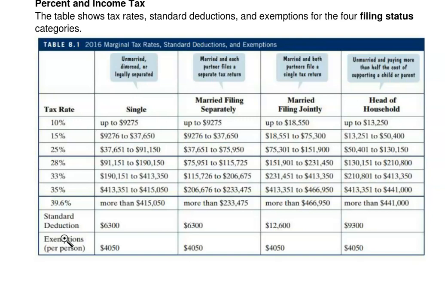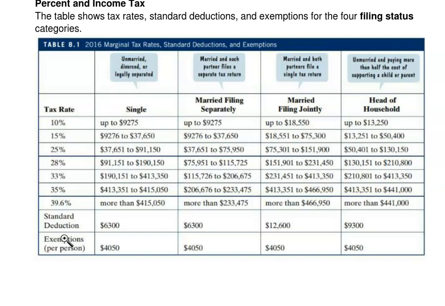So the first $9,275 you make for that year will be taxed at 10%. That way if you're making less than $9,275, you're just paying 10% of your income in tax, and it keeps that tax rate kind of low.